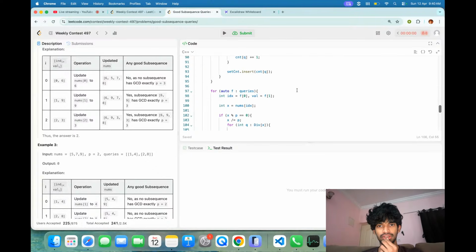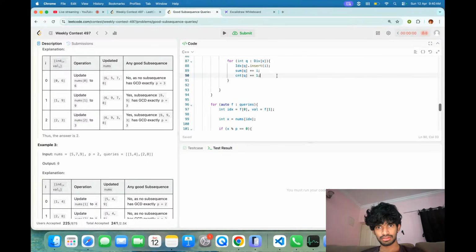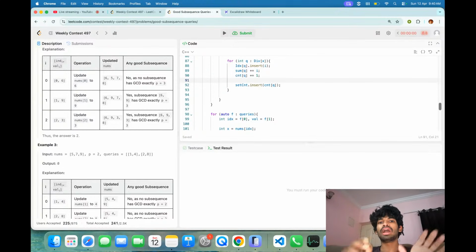This value is getting updated, right? So what are we having in the set? For each of the Q, we have these values that are possible, right? We are having those counts in the set.